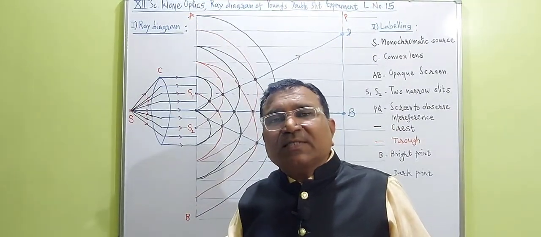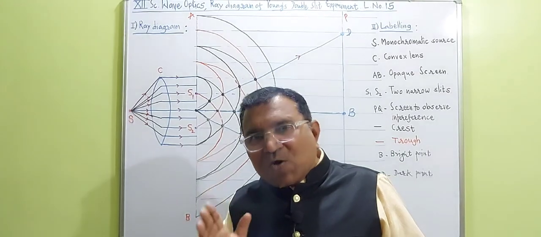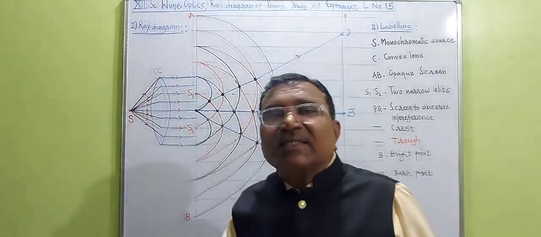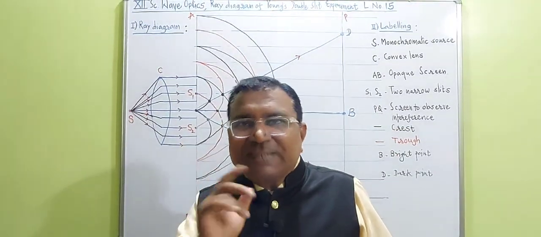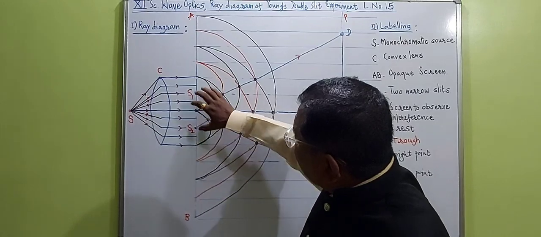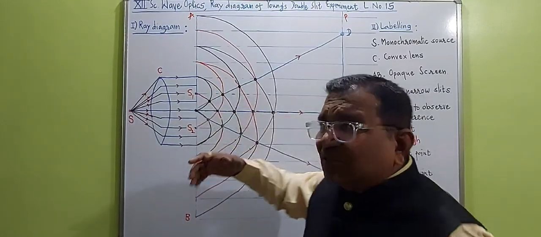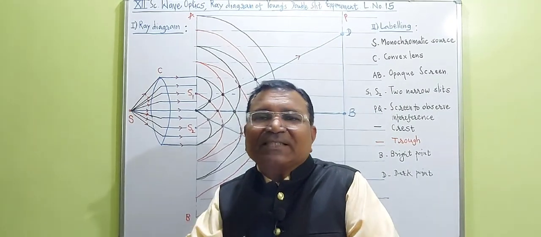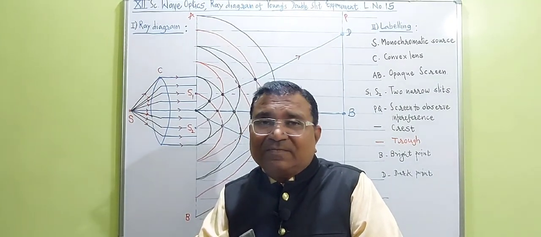Those two sources are coherent because waves emitted from them are in the same phase. Waves from S1 and S2 are superimposed with each other, mixed with each other. This is the next sentence.